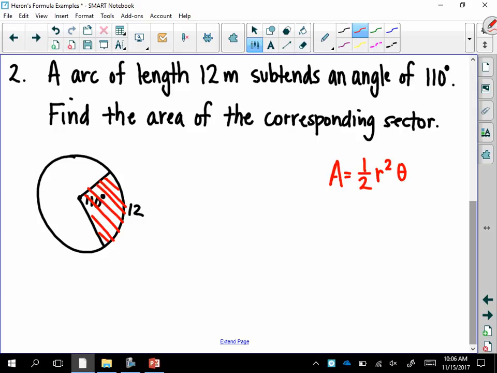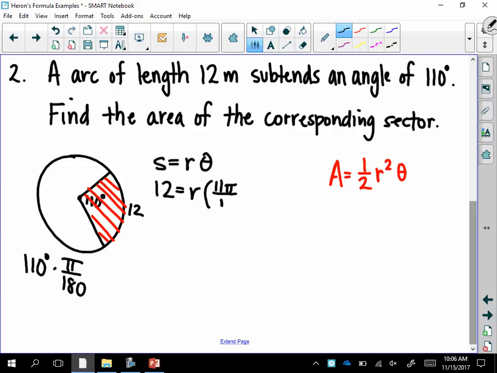What we know instead is the arc length, but we can use that. What's the formula for the length of an arc?